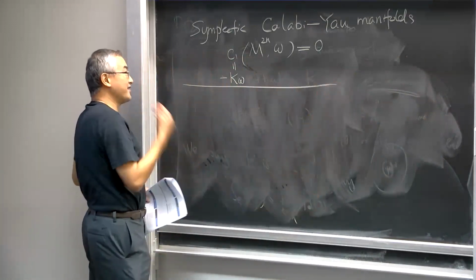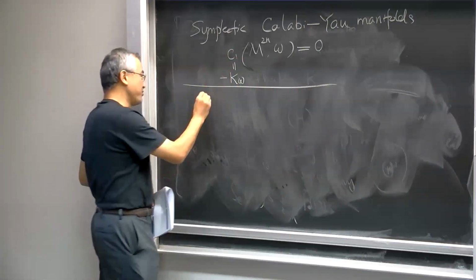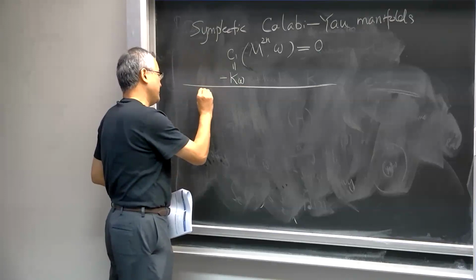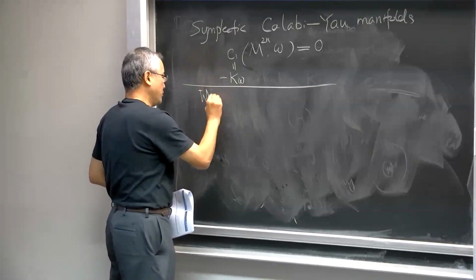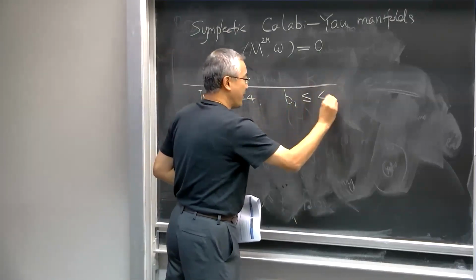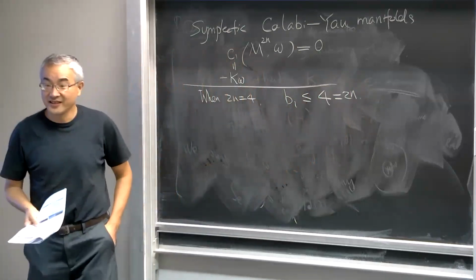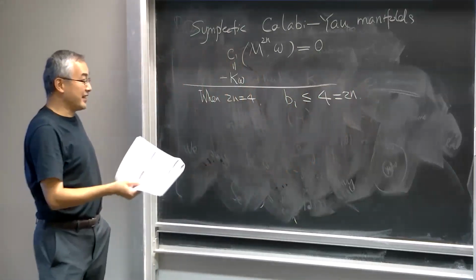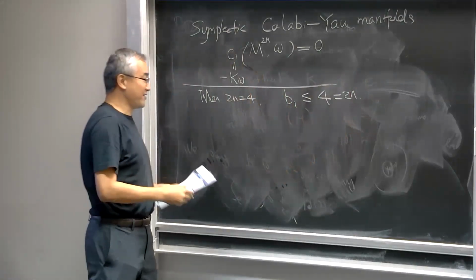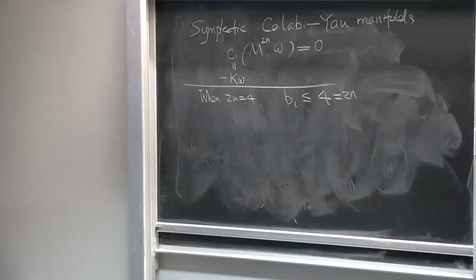So I was working on classifying symplectic Calabi-Yau surfaces. So I proved particularly this bound. I mentioned it yesterday. This bound is very meaningful because in the Kähler case, Calabi-Yau manifolds have Ricci flat metrics.